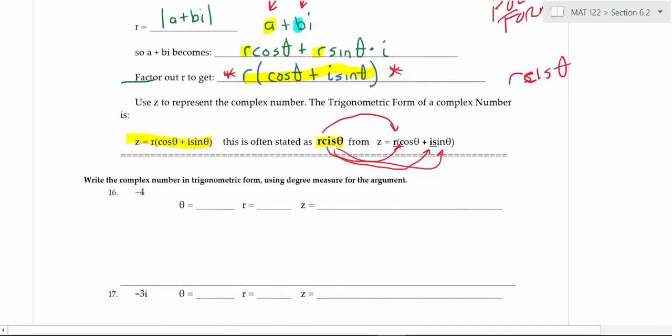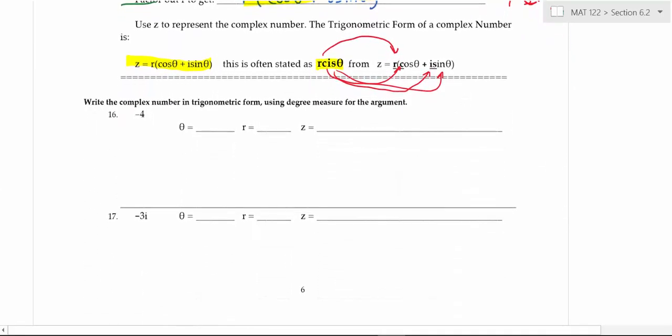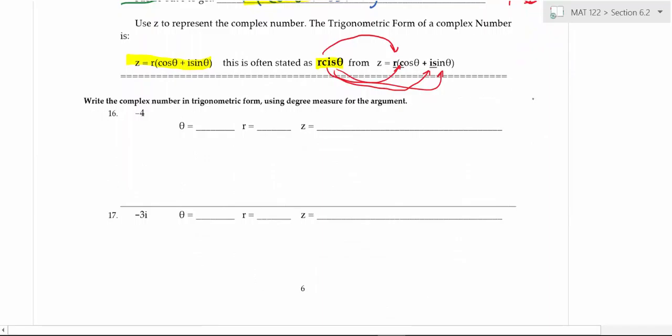All right. So we're going to do some conversions on this, and to start with, I always recommend that you graph your complex number. Instead of just going to formulas, don't use your calculator unless you have to. You want to keep re-emphasizing the unit circle and the meaning.